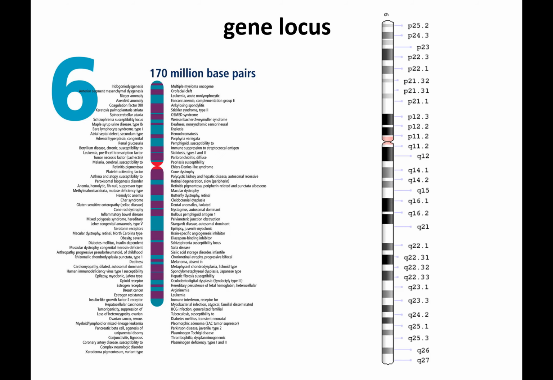Another term you might hear is gene locus, or the term loci is plural. And this just means the location of the gene. And it's not really important for us, but as you get into higher level genetics, it's important. And so here's chromosome 6, and here are some loci listed.